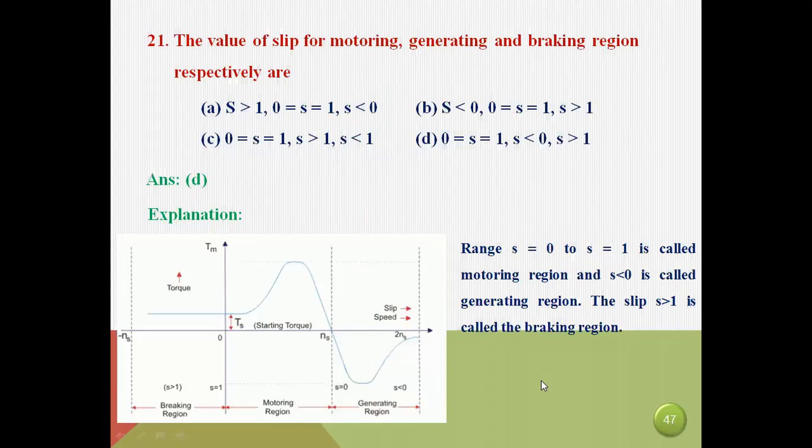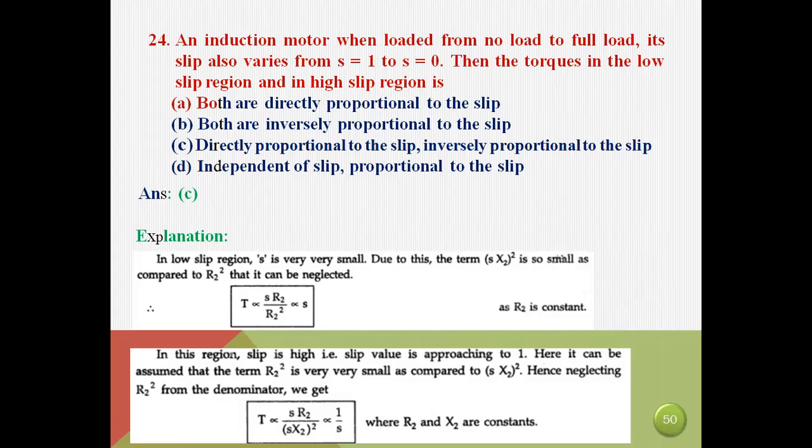So if there is a question, you are supposed to write that torque will be directly proportional to the slip when we are talking about the low slip region, and it will be inversely proportional to the slip when we are talking about the high slip region. If you want to explain theoretically, you can explain like that, because we have seen the equation for the torque.